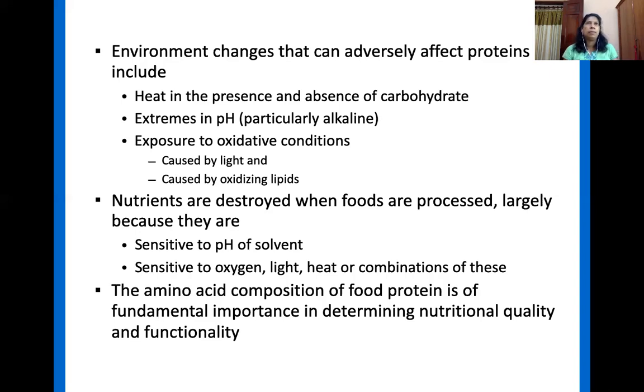If you are eating protein-rich food, the very basic importance is that we want to get some nutritional protein into our body. That is why we eat protein.